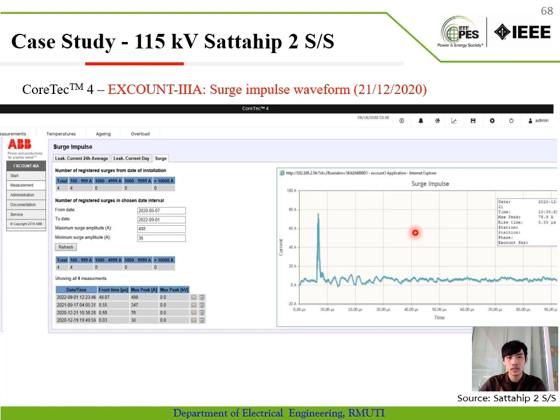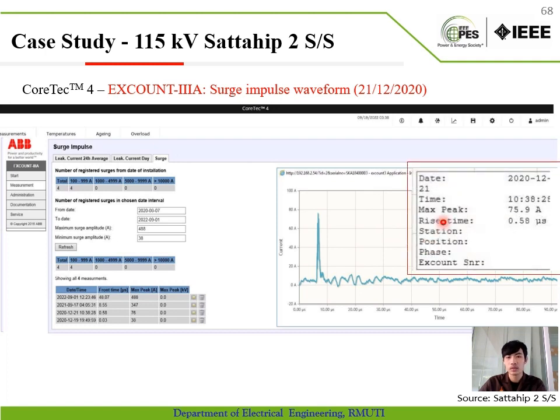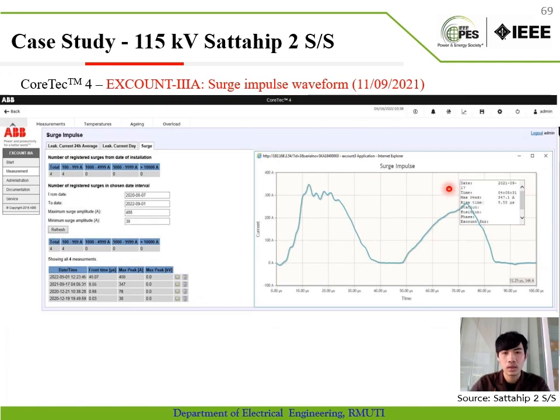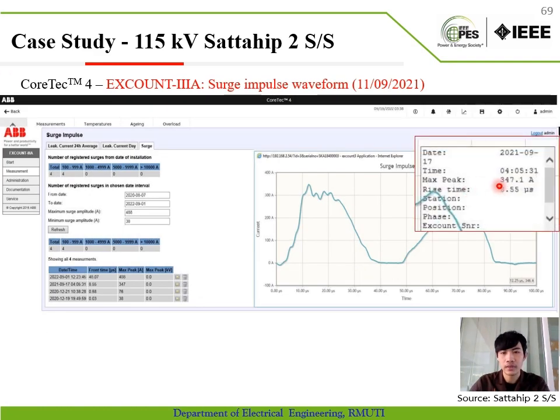And the third current impulse waveform occurs on 21st December 2020 with max peak 75.9 amperes and rising time 0.38 microseconds. And the last one is with max peak 347.1 amperes that occurs on 17 September 2021.